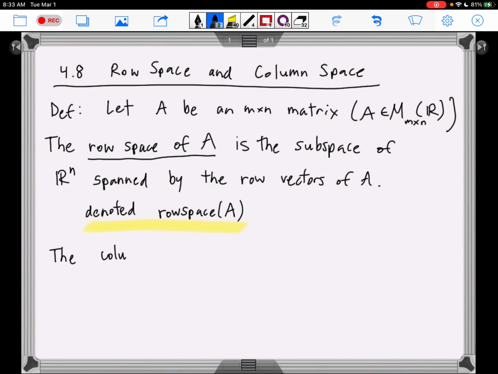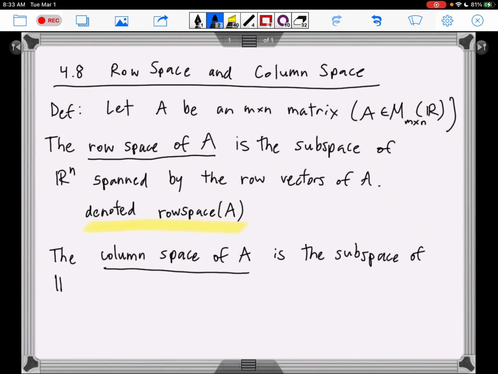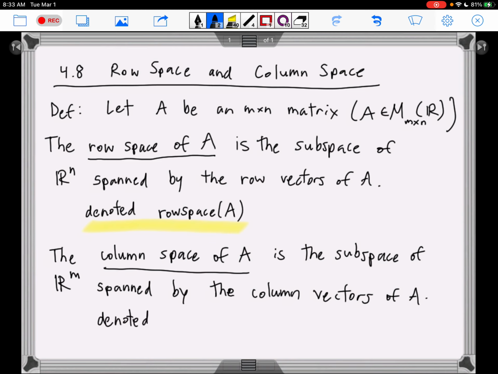The column space of A is the subspace, this time of Rm, spanned by the column vectors of A. And this one we denote like this, col space.